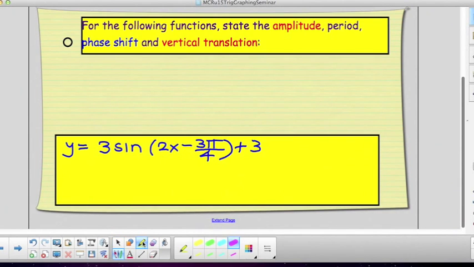First thing we have to realize, some students will look at this and just say, oh, to the right by 3 pi over 4 units. However, because there is a term in front of my x, we have to work with this a little bit.